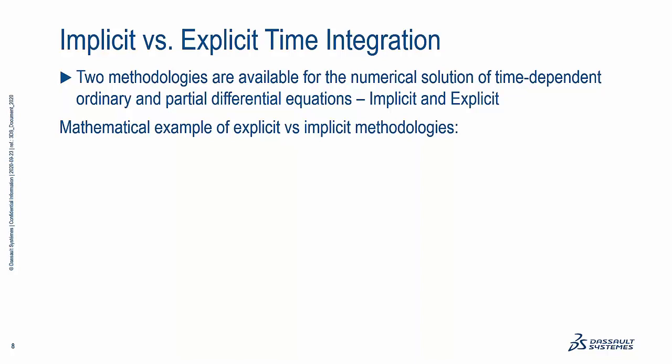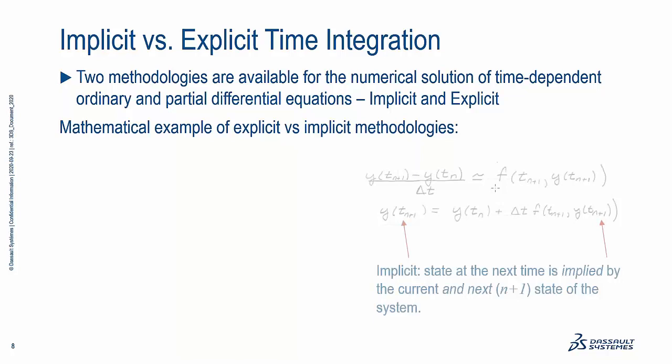And as a mathematical example of looking at the implicit versus explicit methodologies, let's start by looking at the implicit methodology, whereby we are solving for the next state of the system, or the n+1 state of the system, by implying a solution at that state and then iterating on that implied solution until we get convergence.